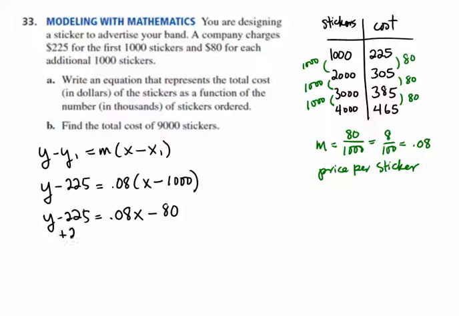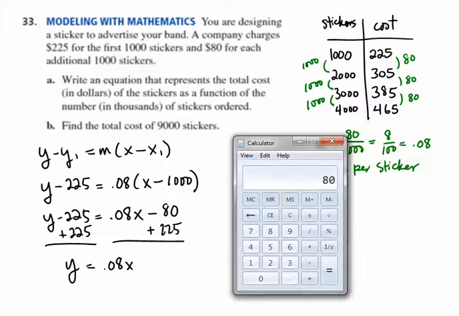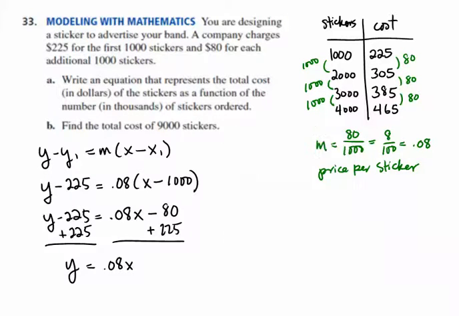We're simply going to add 225 to both sides. And we end up with y is equal to 0.08x, and then 225 minus 80, and that would be 225 minus 80 equals 145, and that would be plus 145, and we end up with this equation.